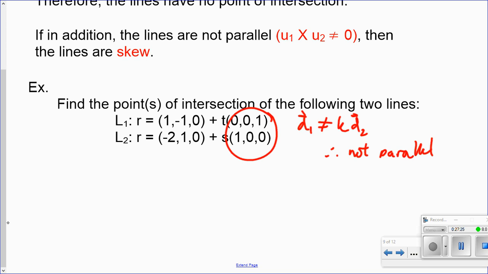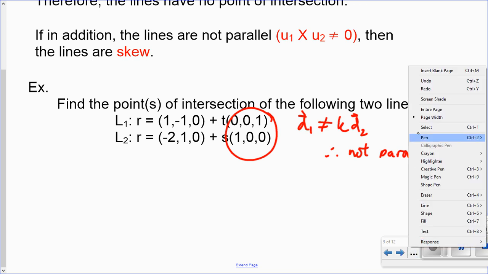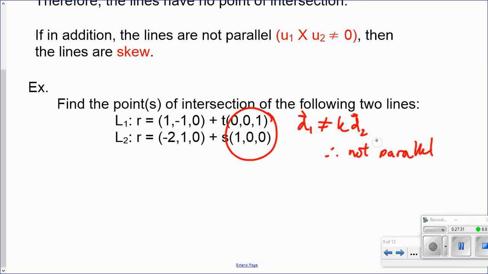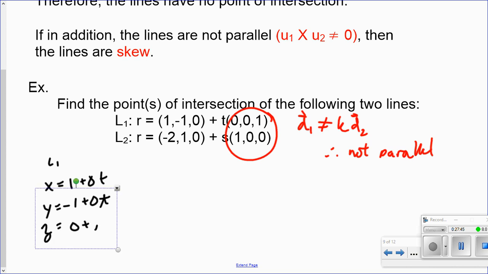That's fine. Let's work on our equation. I like to do these by writing my x component for line 1, and that's 1 plus 0t, y equals negative 1 plus 0t, and z equals 0 plus t.